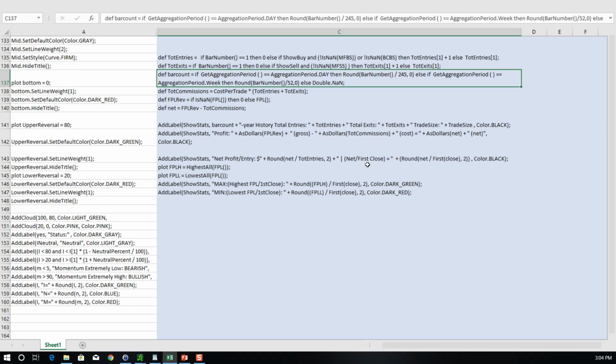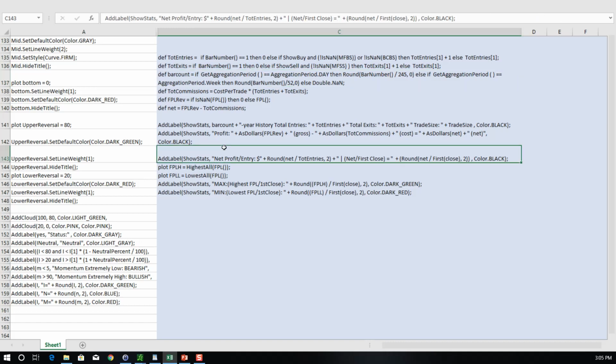It might be better to do the first close minus the last close, divide by 2, or some average of the closes over that period of time would probably be a little bit better way to do this. But this is how it is set up for now, and it's adequate at least for demonstration purposes. Then I like to show what the maximum would have been on that ratio, and the minimum would have been on that ratio, and we plot this out.